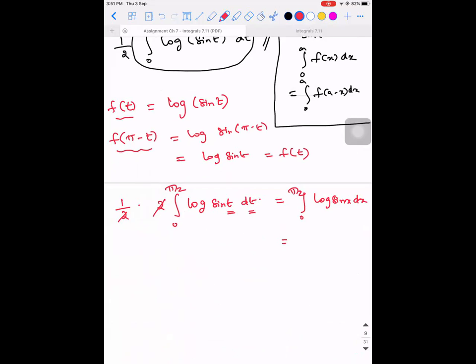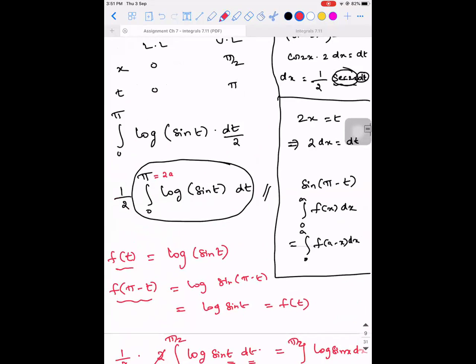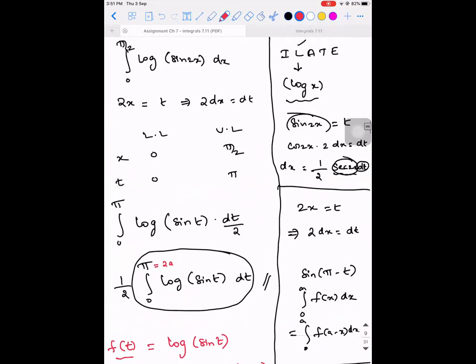So 0 to pi by 2, this thing is nothing but I. I'll give you a minute. Just look at it and go through this. Let me know if there is any doubt, or if any step is confusing you.